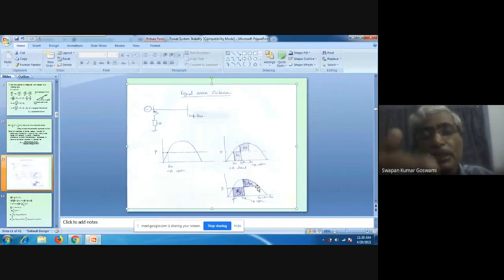But from this analysis we can say that if two such areas are available, one representing the energy inserted into the machine, and another representing the energy extracted from the machine, and if two such equal areas are available to a machine after a disturbance, then the machine will be able to restore synchronism. This is called the equal area criterion for transient stability.